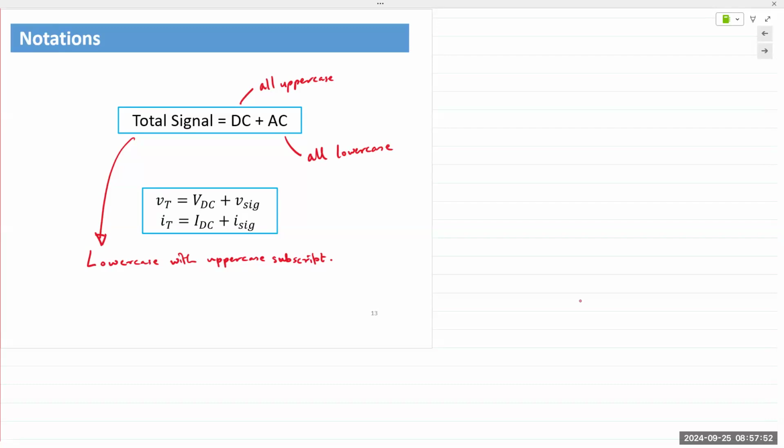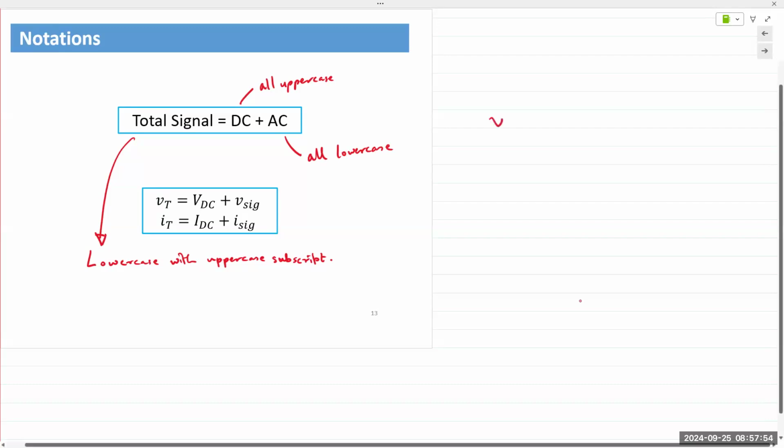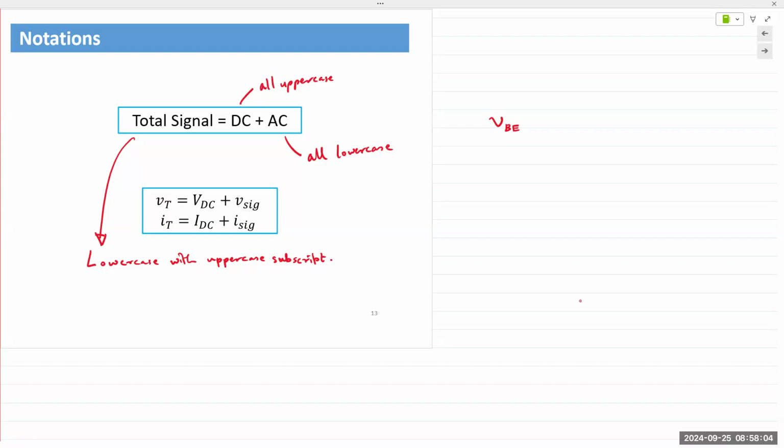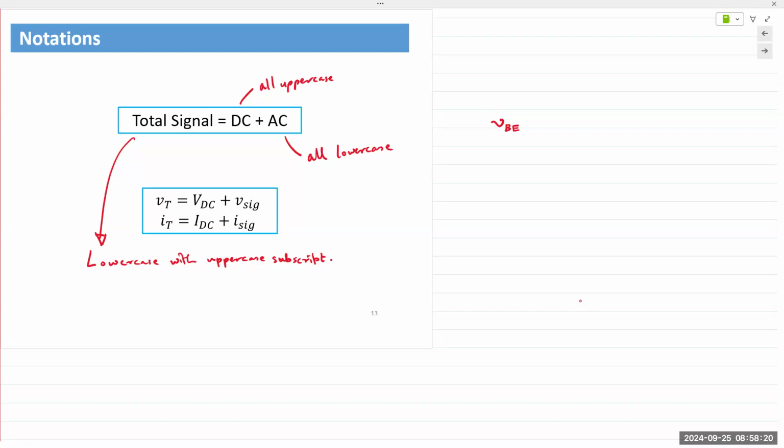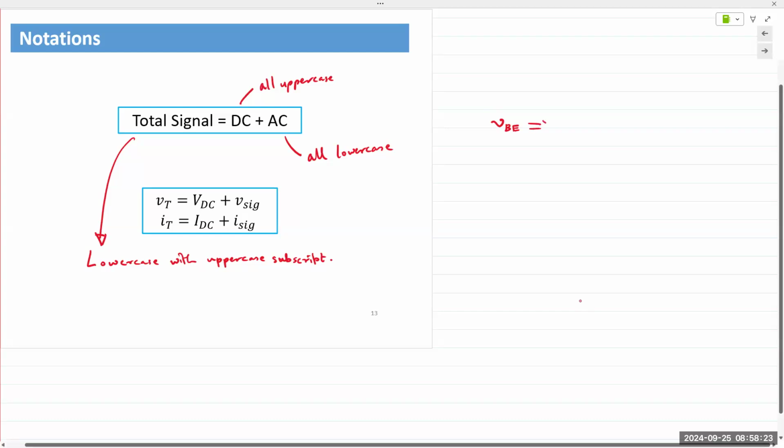To give you an example, we will look at something known as vBE. Voltage as measured from the base to the emitter in a transistor. It's one of the most common quantities that you look at. In case this is not clear, I'm going to write it like this. It's lowercase quantity with uppercase subscript. So it's referring to the total signal between base and emitter.